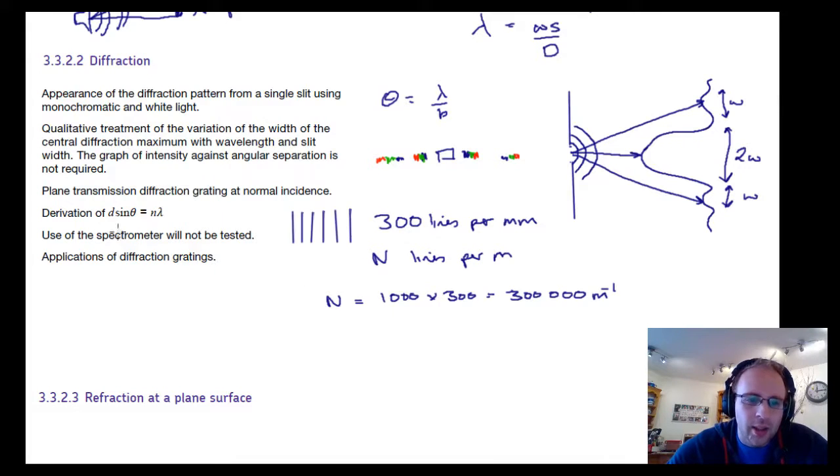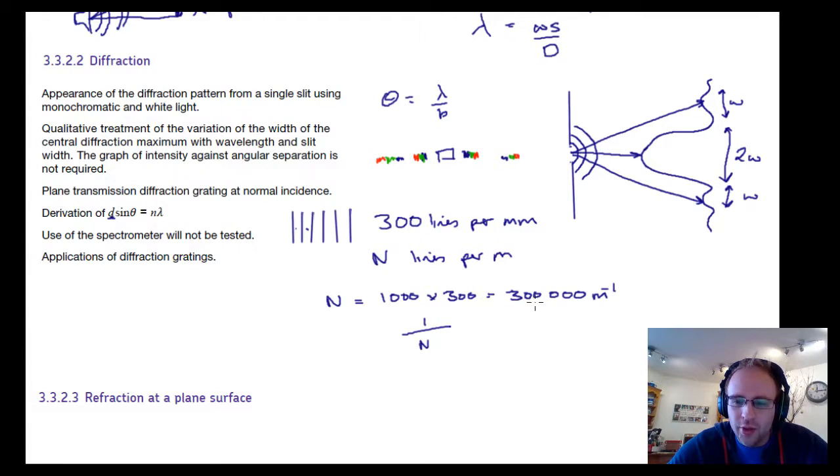If we want to find the distance between the slits, so between there and there, then we're going to do 1 meter divided by n.